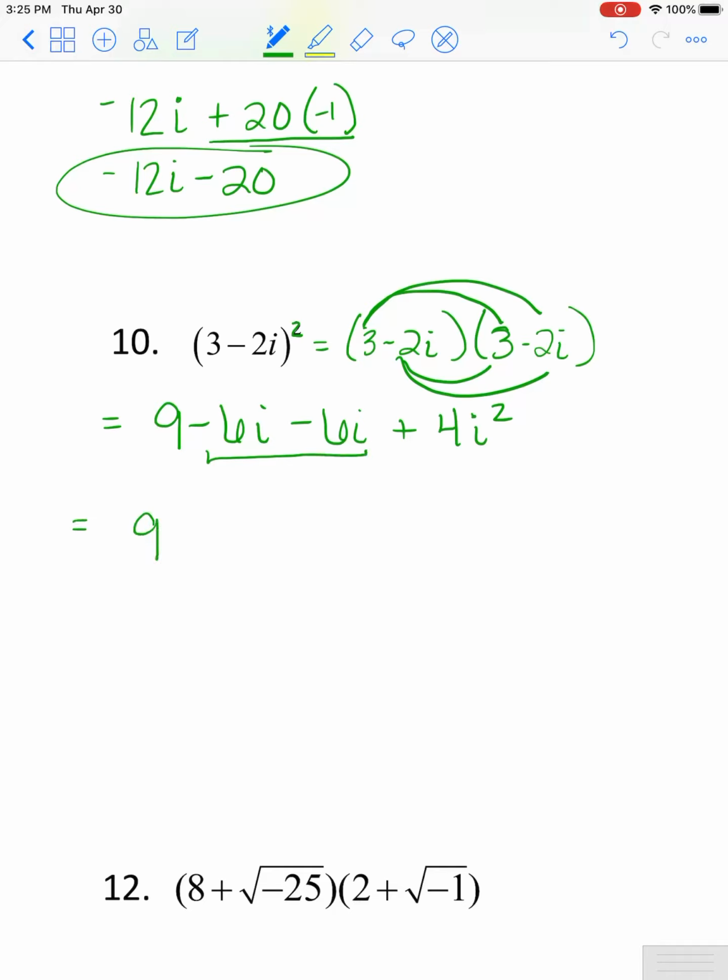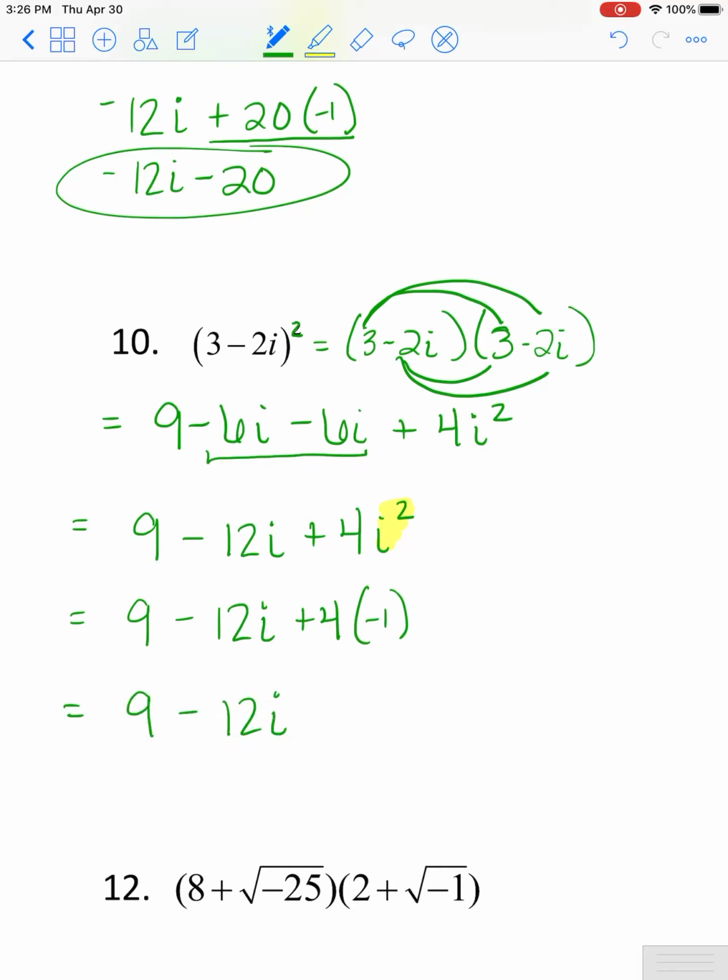It looks like I can combine my like terms in the middle. So I'm left with 9 minus 12i plus 4i squared. I know what i squared is. That's 9 minus 12i plus 4 times a negative 1. So I get 9 minus 12i minus 4. And now I can simplify these two. So my final answer, 9 minus 4, is just 5 minus 12i.